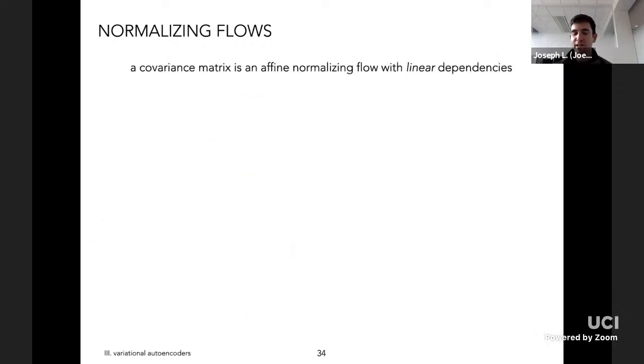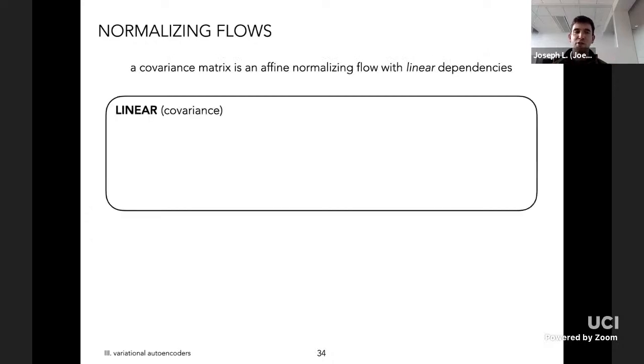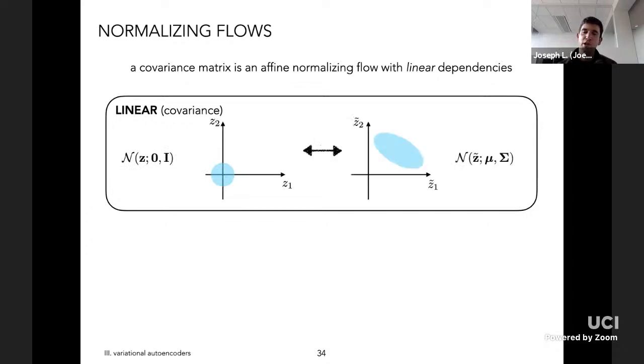And so you can think of this in relation now to that covariance matrix scheme that we saw before. So that covariance matrix is really just giving you linear dependencies between your variables. So you can think of it as having a standard Gaussian distribution, which you then apply some rotation and shifting and scaling to. And now you could get this full covariance Gaussian distribution, where the dimensions of z tilde here are now linearly dependent.